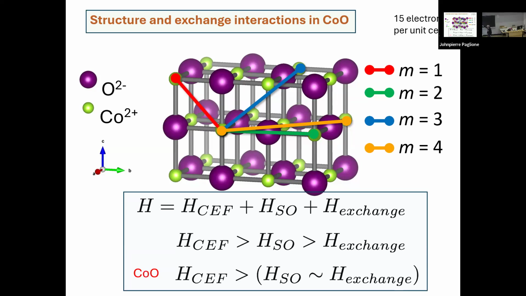Now, in cobalt vanadium oxide, that case I was showing you in the previous slide, the crystalline electric field's the biggest, then you got spin-orbit, and then exchange is way down here. So you don't need to worry about all these higher energy excitations, the 3/2 or these other crystal fields. With cobalt oxide, you have this issue right here, where you got the crystalline electric field, the massive one, about an eV, but you have spin-orbit about the same size as the exchange constant between these cobalt atoms.